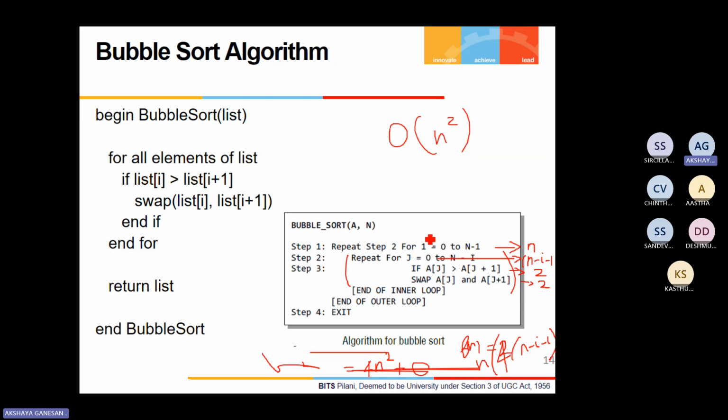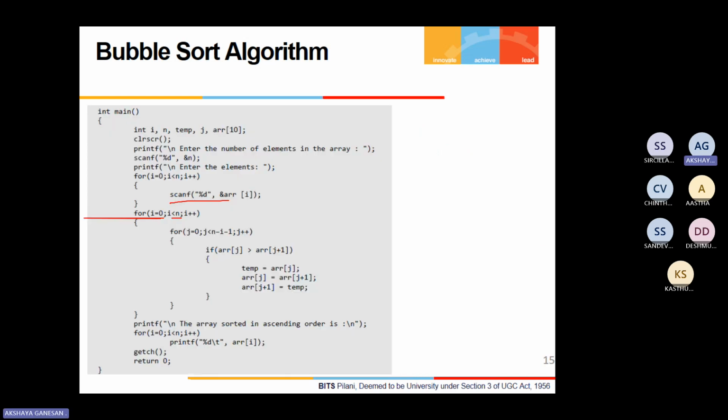So the worst case time complexity is order of n squared, in both worst and average, because the entire array needs to be iterated for every element to be sorted. Okay. So this is bubble sort.